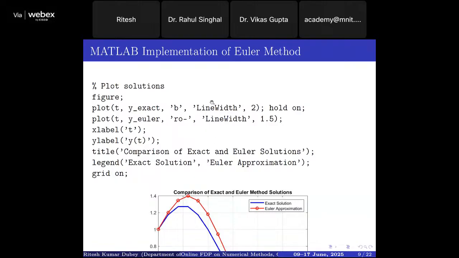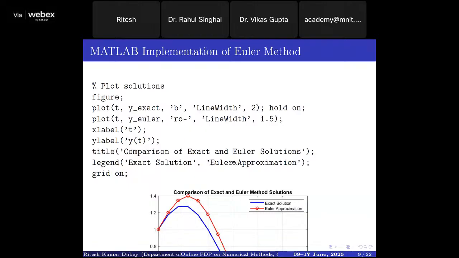Then you can mention the line width, and you can put the label of the figure on x-axis and y-axis. And if you put a title, then you will get comparison of exact and Euler method solution, and legend, and then grid on is the functionality which provides you the grid, which we can see in the figure.